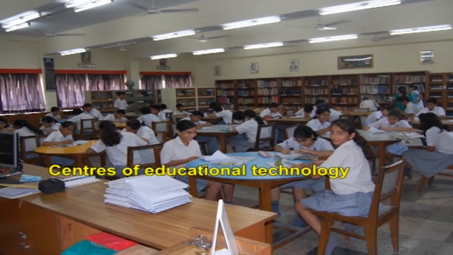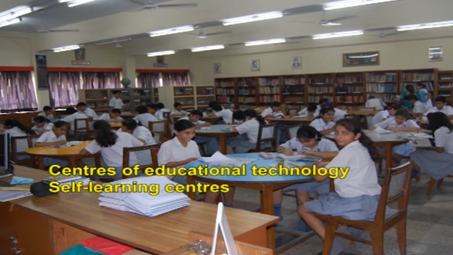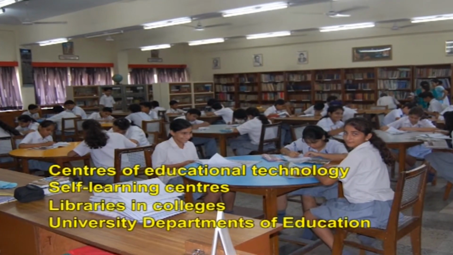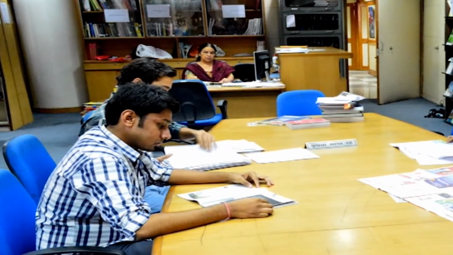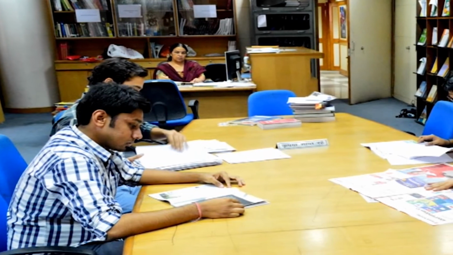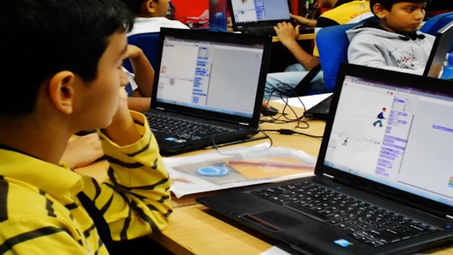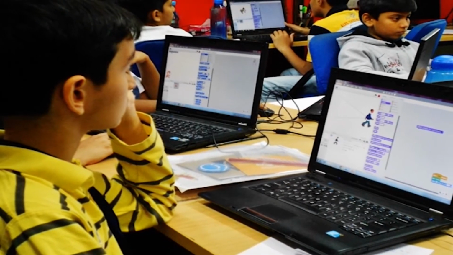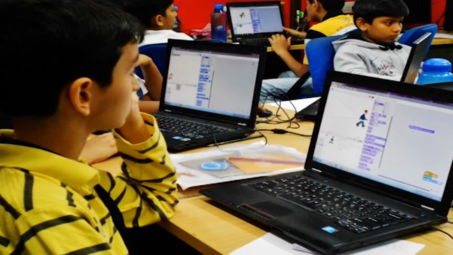Centers of Educational Technology, self-learning centers, and libraries in colleges and university departments of education could cater to the needs of those students who would like to enrich the teaching learning process by independent study. In this chapter, programmed learning, instruction, and computer-aided instruction are discussed in detail.